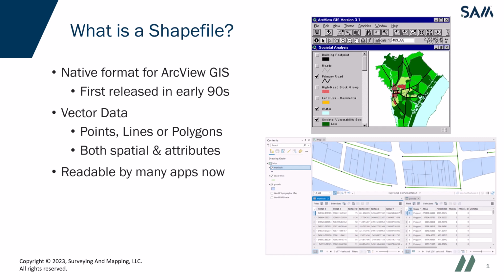Pretty much any of these that have GIS capability are able to make use of shapefiles. As a result, shapefiles have become the de facto data sharing format between all of these various applications, just because everything can read them, which makes them somewhat versatile. There are limitations that we'll talk about also later in the video.